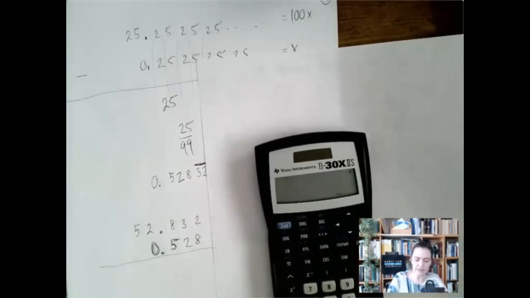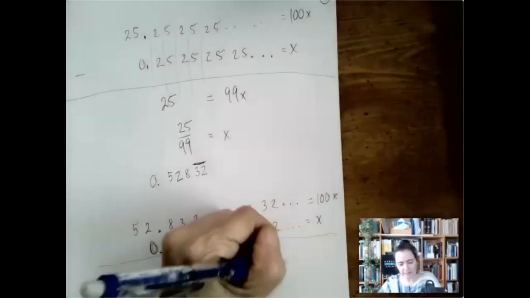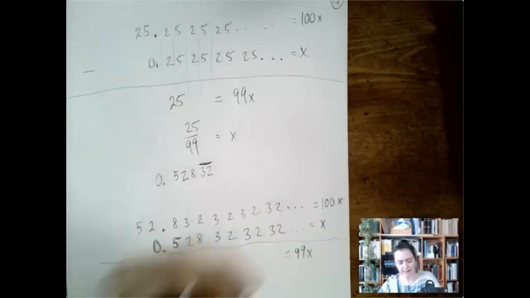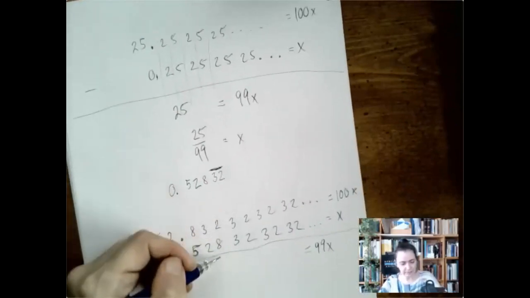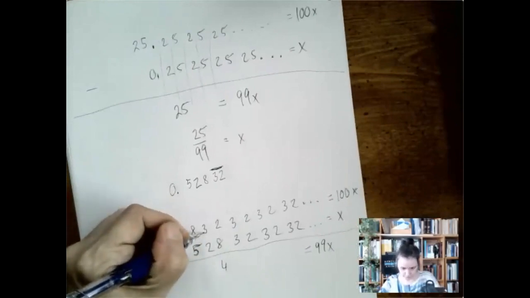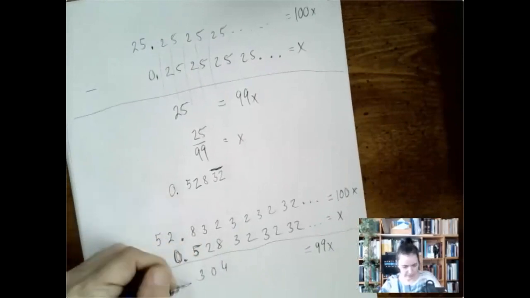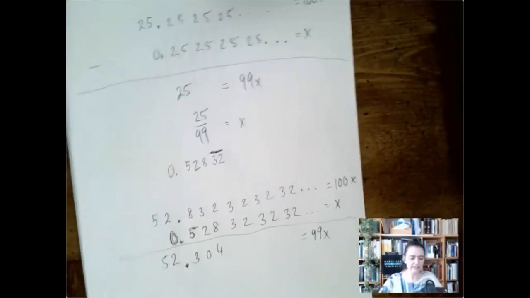So for you to see, I'll do it by hand, but I'm not good at it. 99x is the right-hand side. Okay, this wasn't so hard. There was not much borrowing or whatnot.